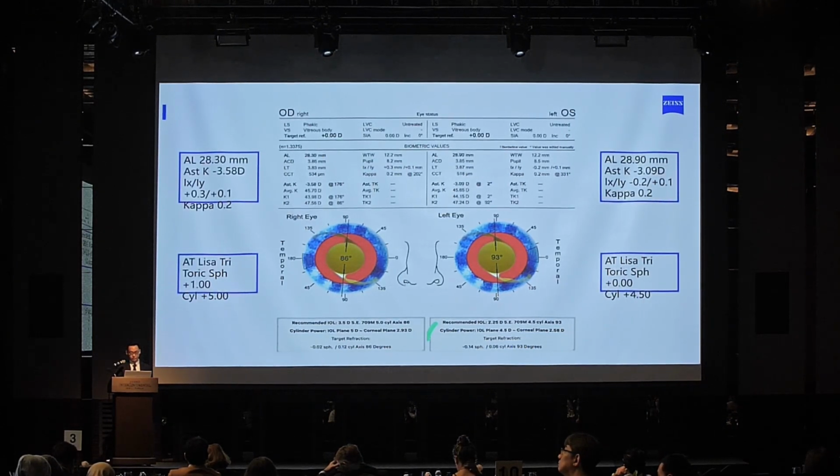Then I calculate with the Barrett toric calculator with predicted PCA, and the patient chose Atlisa tri toric with plano and cylinder 5 for the right eye and plano and cylinder 4.5 for the left eye.